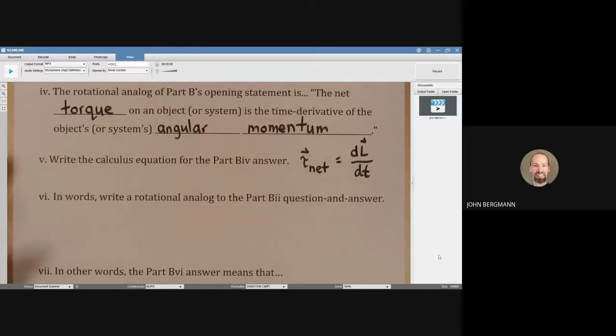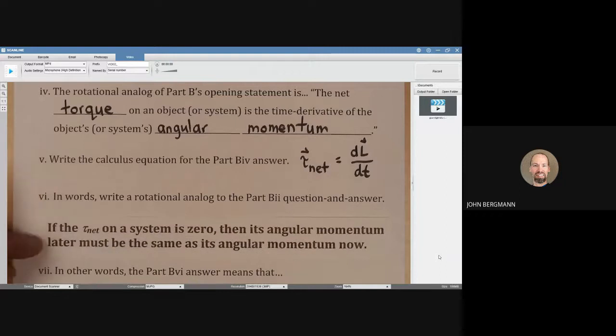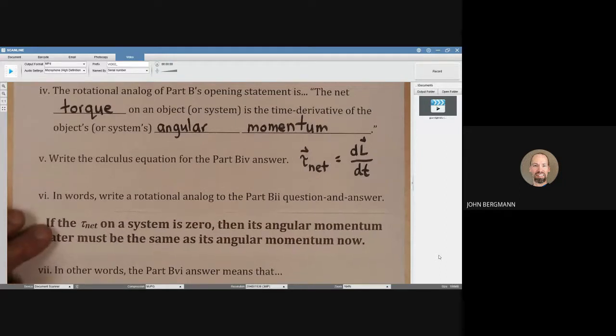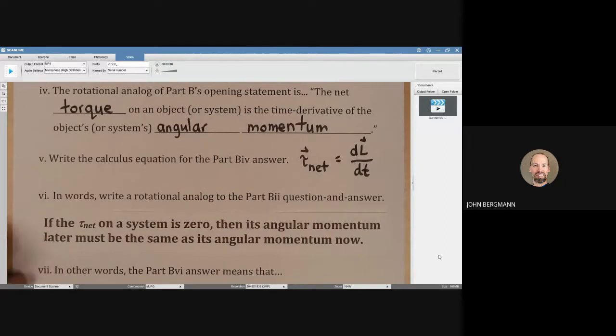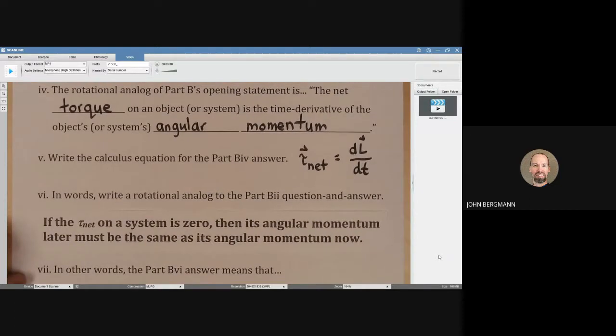In words, write a rotational analog to the Part B2 question and answer. Well, that's going to look like this. We could look back on the previous page if we wanted to. It talks about the net force on a system and its momentum now compared to its momentum later. And this statement here is, if the net torque on a system is 0, then its angular momentum later must be the same as its angular momentum now.